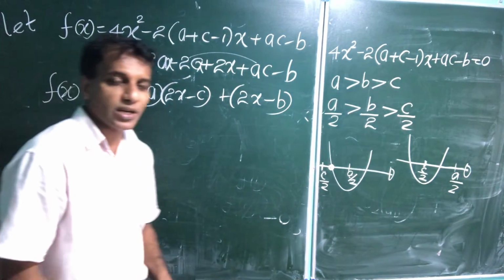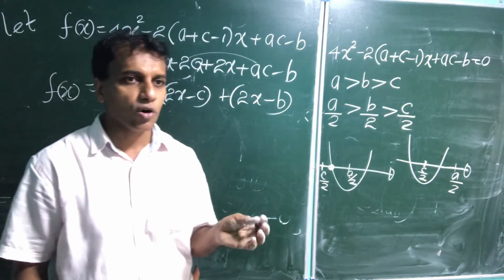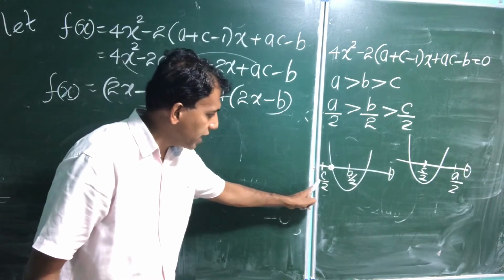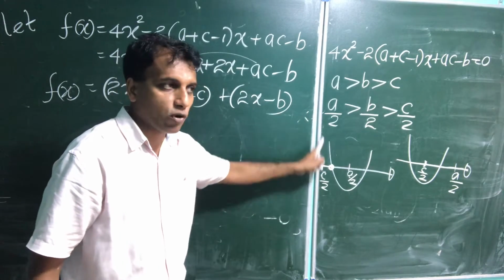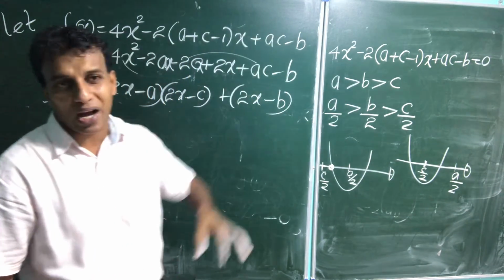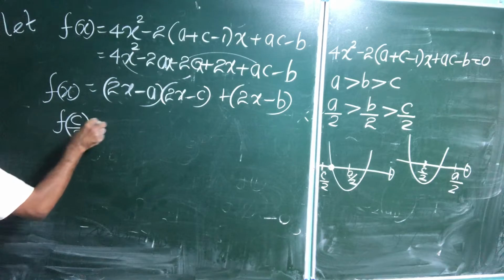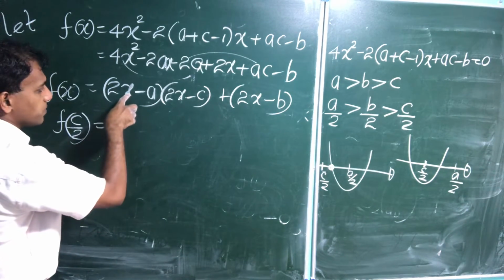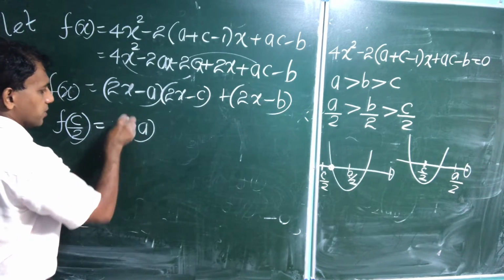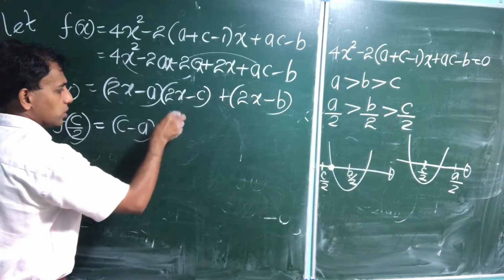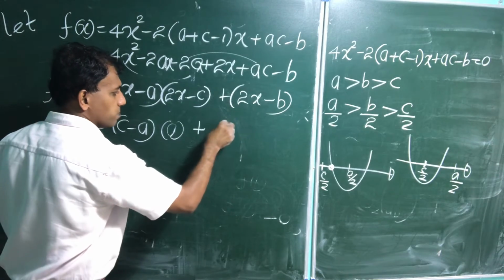Okay, now as I mentioned here, the idea is to find the sign of the function, less than 0 or greater than 0. Then if you put x for c by 2, what is the function answer? So f of c by 2, put x for c by 2, then c minus a, x for c by 2, that is 0, x for c by 2, c minus b.